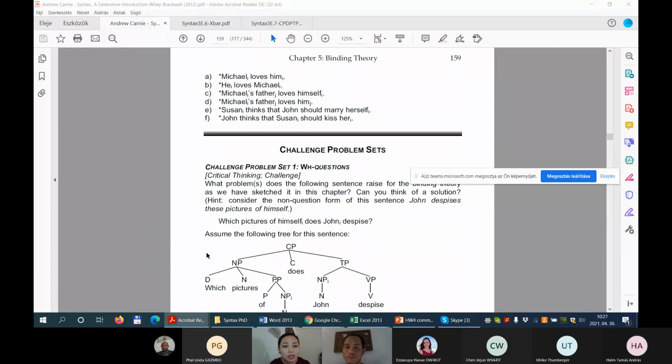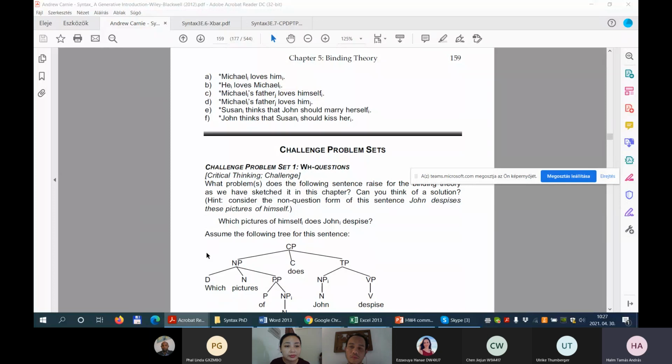And the anaphor herself is not c-commanded by its binder, which is the noun phrase Susan. So this violates binding principle A revised. An anaphor must be bound in its binding domain, and the binding condition violated is that the anaphor herself is not bound in its binding domain. That's why this sentence is ungrammatical. That's right.